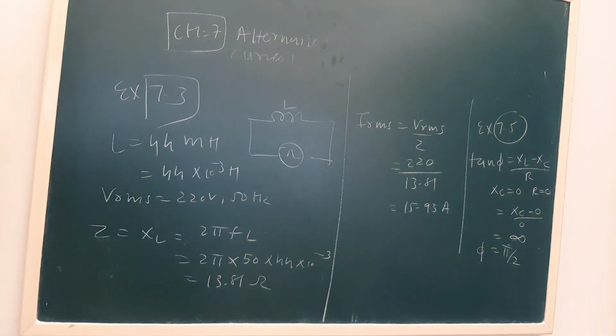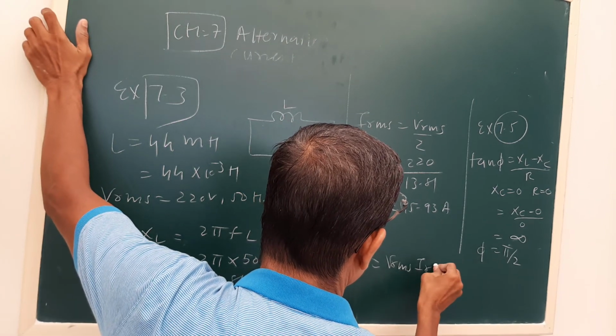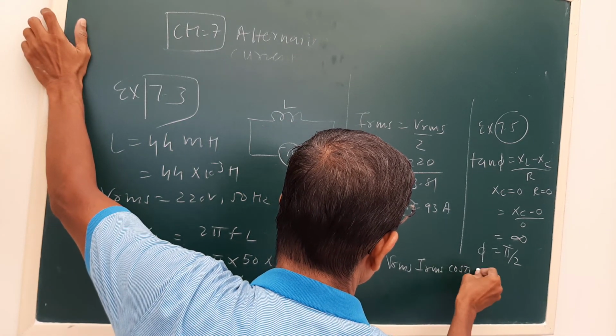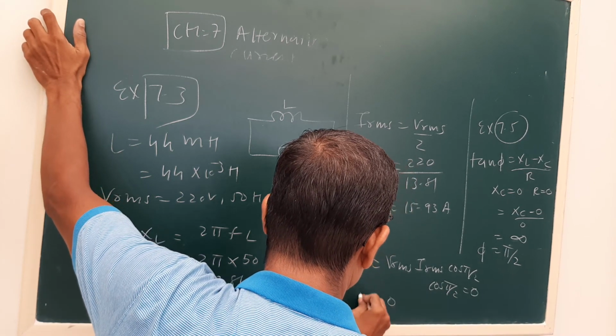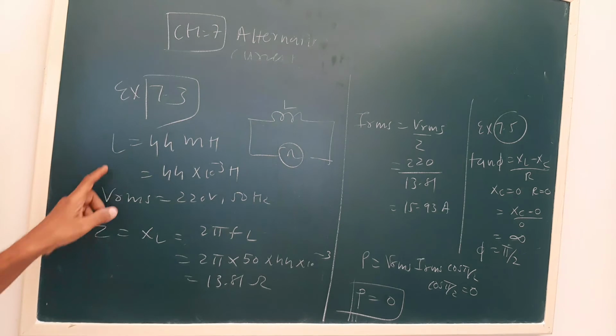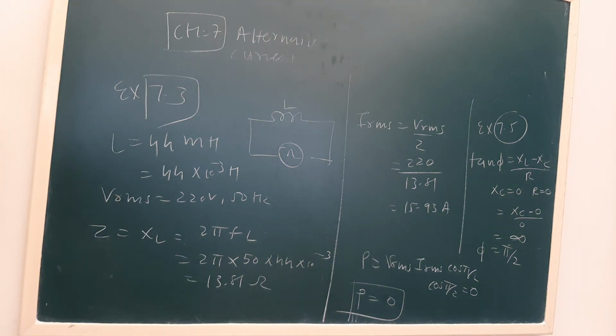So power will be VRMS, IRMS cos pi by 2. Now cos pi by 2 is 0, so the power in the given circuit, that is 7.3, with only an inductor is 0. So that is a part of exercise number 7.5.